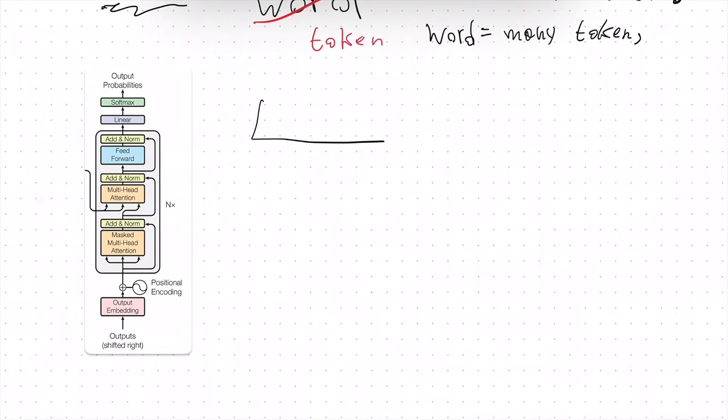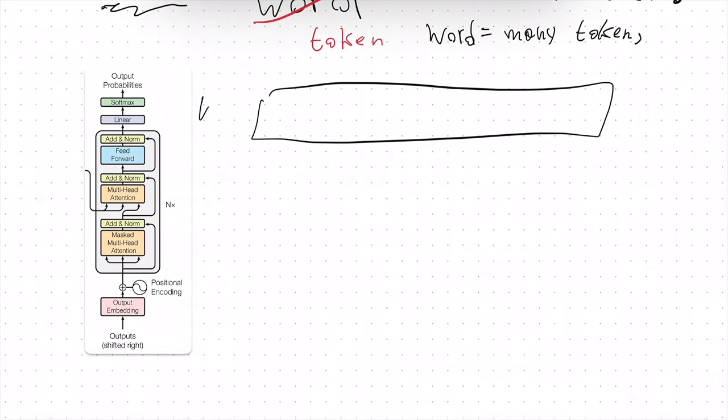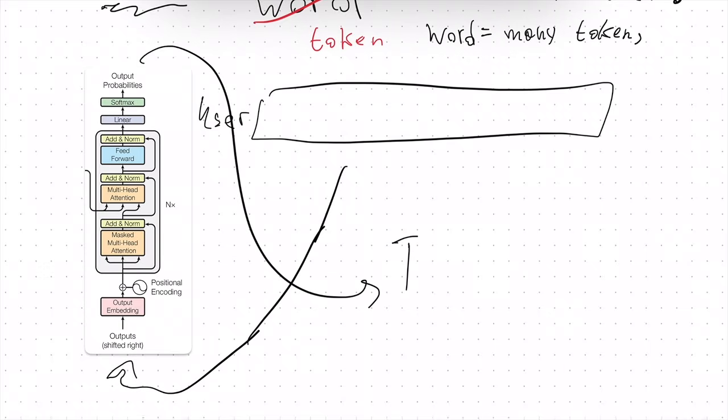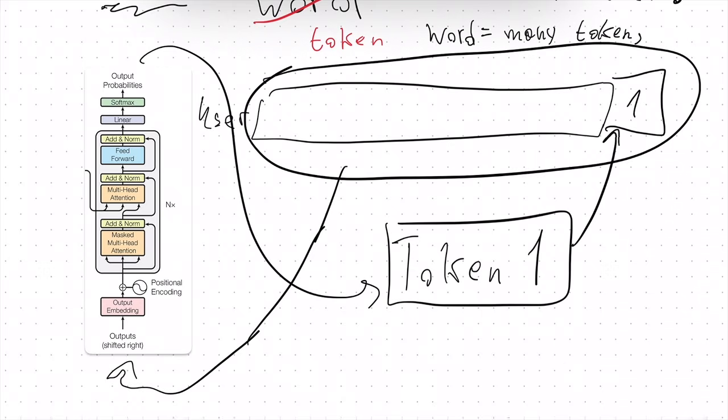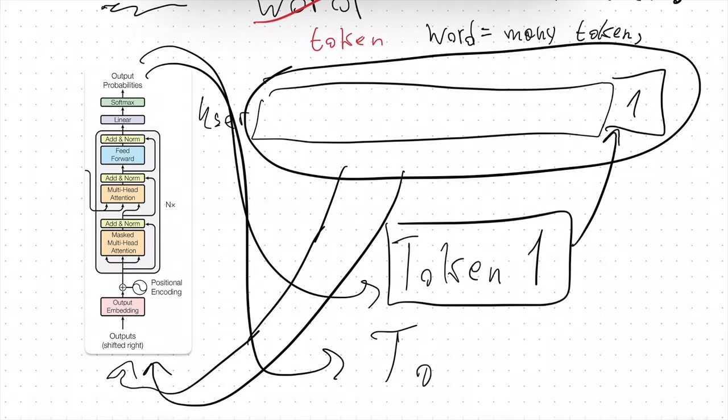So this is basically how ChatGPT operates. We have a block of tokens from the user that we feed into the transformer. Then the transformer outputs a new token and glues it to the sequence. Then we feed the new sequence into the transformer and we have our second token.